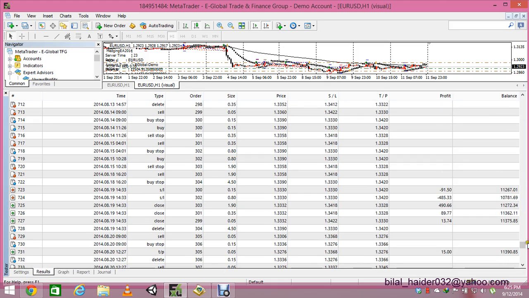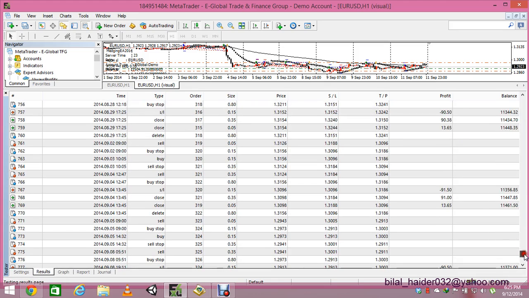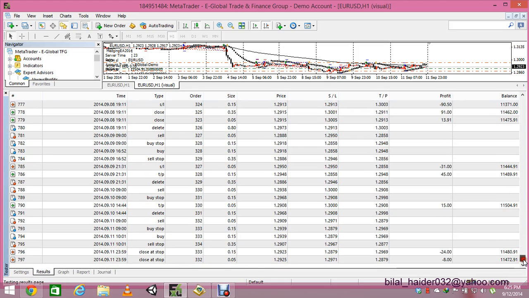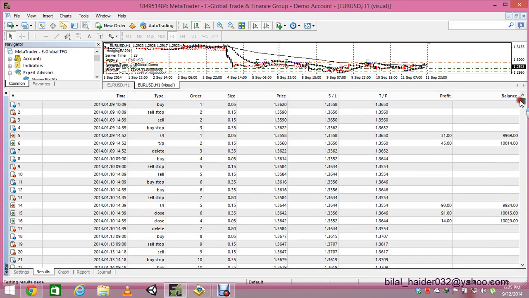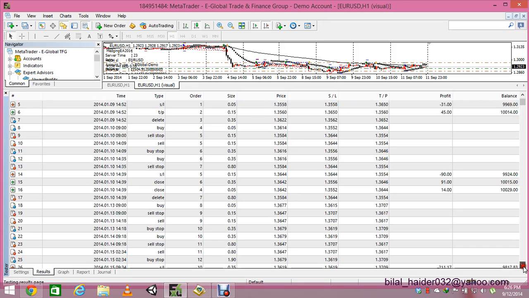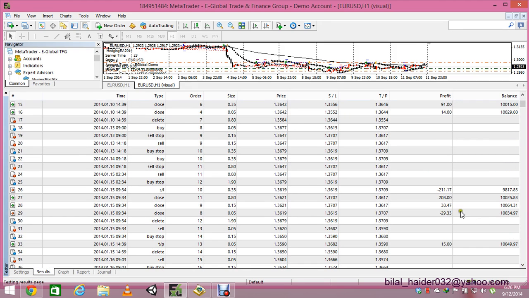I'm posting the trial version for it so you can see how it works. Basically it's always in profit. Whether it places 2 trades in total, it's in profit. If it places 3 trades in total in one cycle, it's in profit, and if it places 4 trades in one cycle, even then it's in profit.